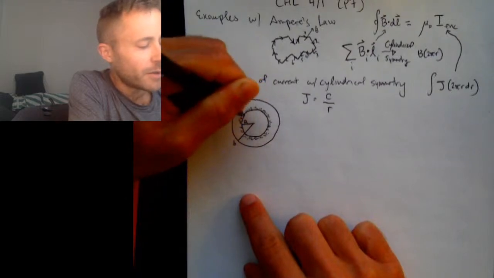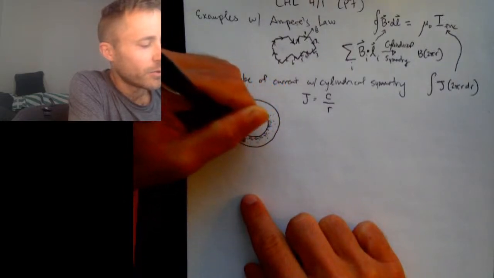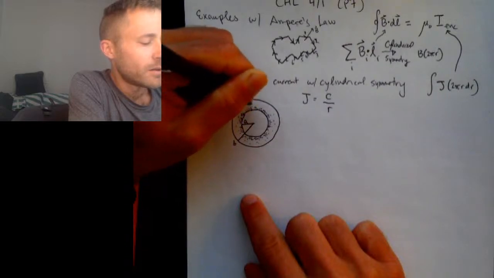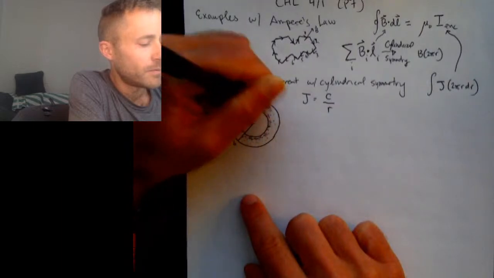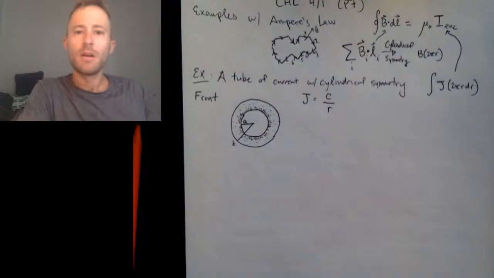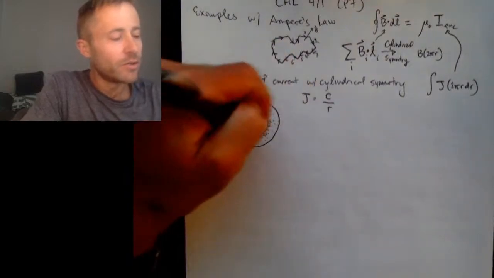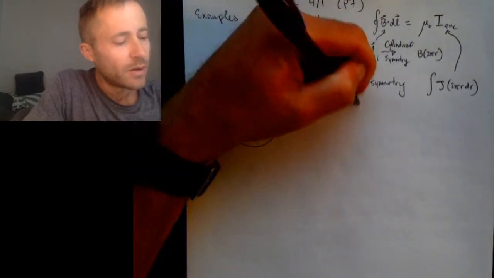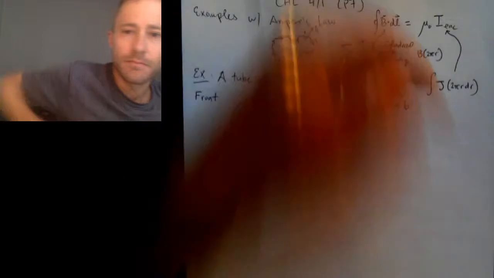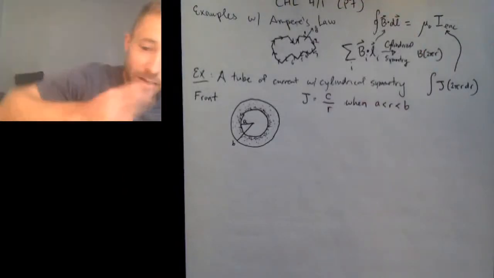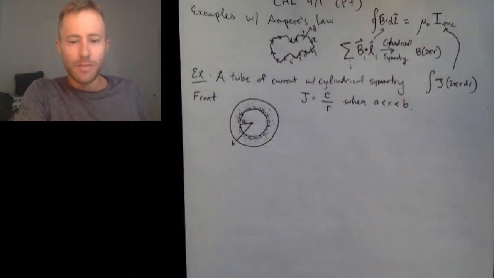And then that amount of current gets smaller as you approach the edge. So maybe like that. Okay. And so obviously this current only exists when r is between a and b, and then it's 0 everywhere else.